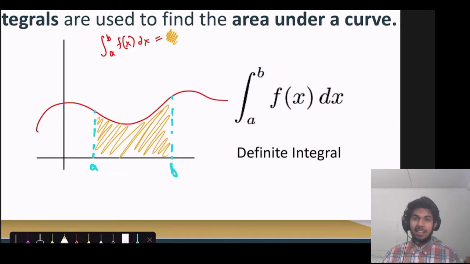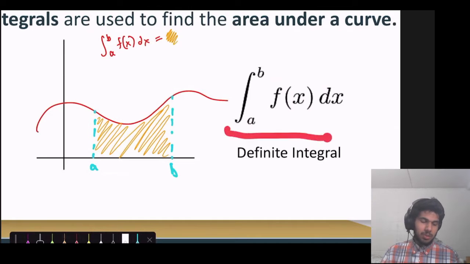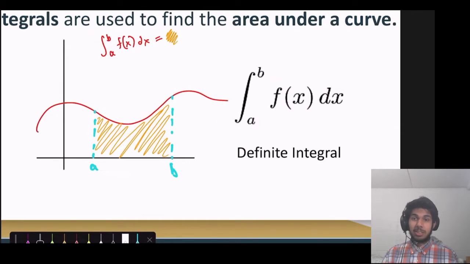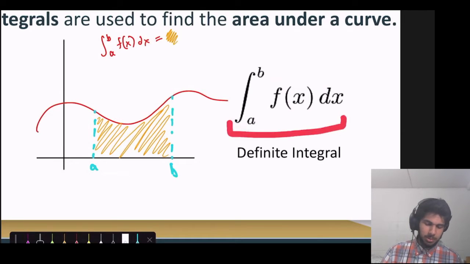We're finding the area under the curve, and we actually kind of are using tiny rectangles and tiny trapezoids, but we won't really go into why that's the case. Essentially, it comes down to this dx being a very, very tiny width, and we're evaluating the function at all of those points. And this integral is actually like a summation of all of those rectangles. So that's sort of the relationship.